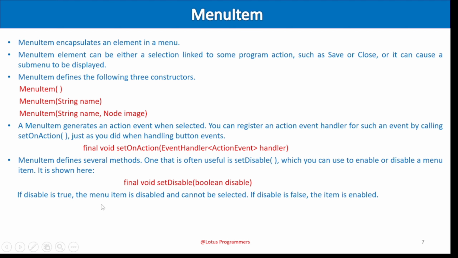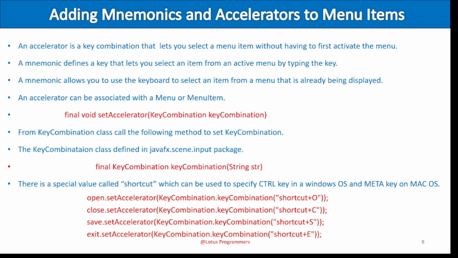If disable is equal to true, the menu item is disabled. If disable is equal to false, the menu item is enabled. So this is the way programmatically we can control the enabling and disabling of the menu item.